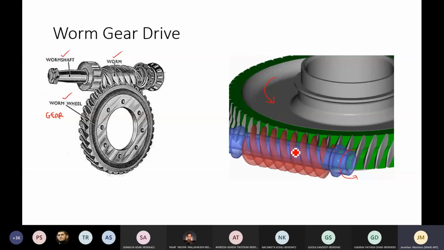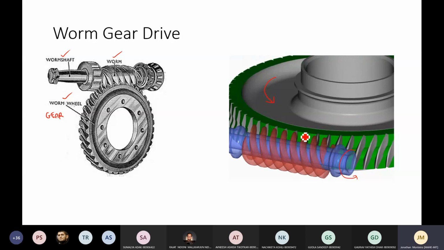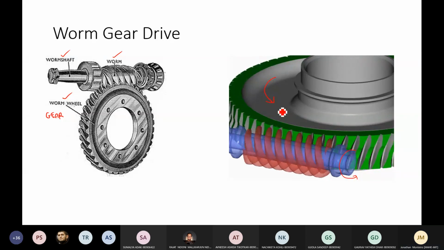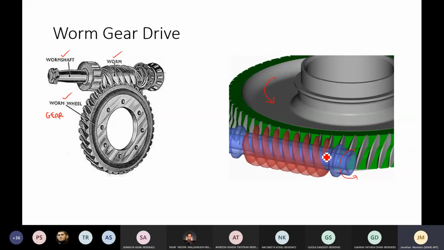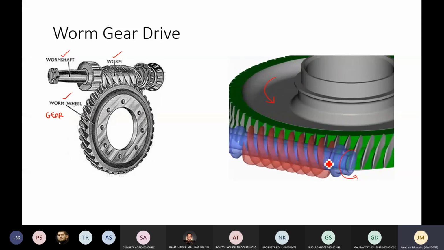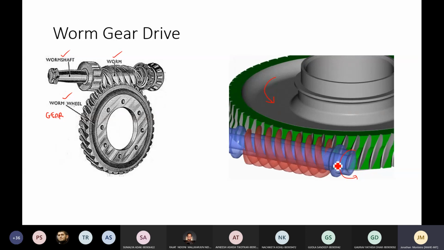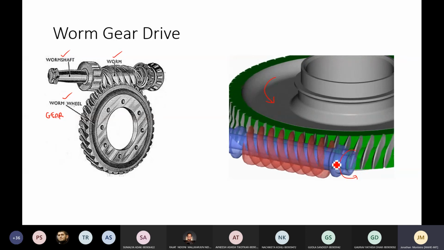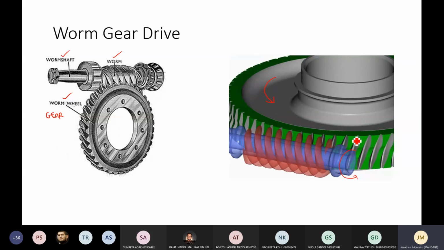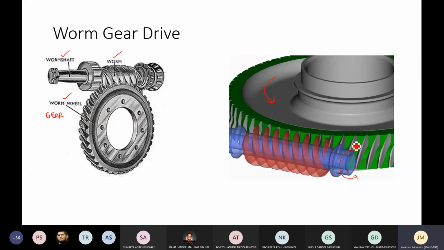One individual set of teeth is going to push, sliding and sliding. The difference in rotations you see is that the worm can rotate at a high speed, whereas the output is quite slow. At the same time, the torque input for the worm is going to be very small, and the torque output that we get from the worm wheel or gear is going to be very high.